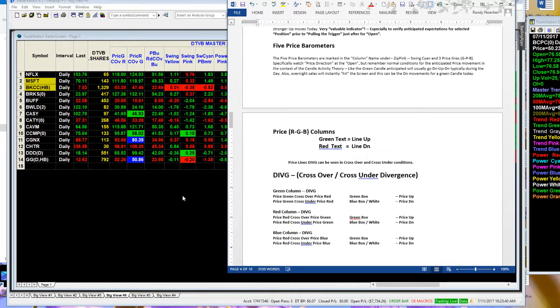Those divergent conditions are one of the things that we recognize as extremely important, especially when you're dealing with sensitive indicators that can identify tiny market force movements or pressure changes.